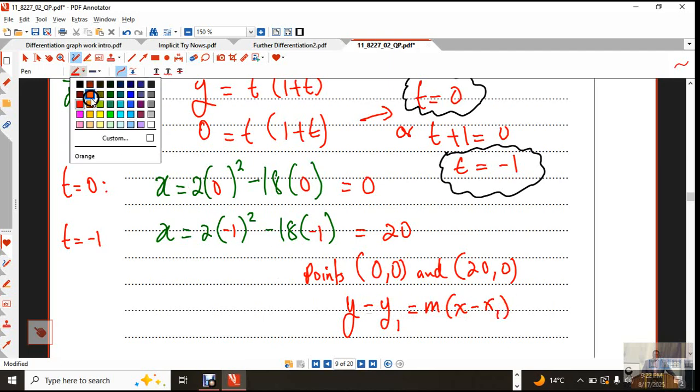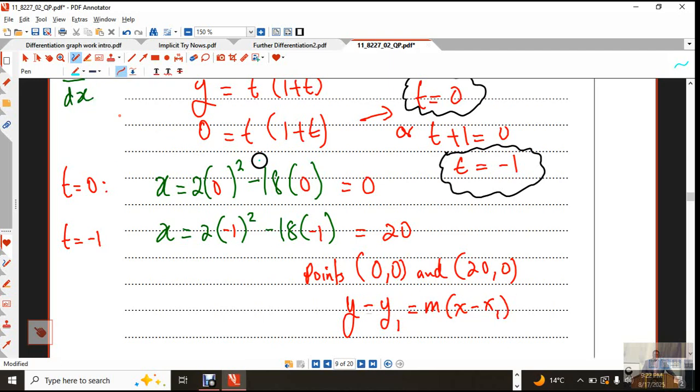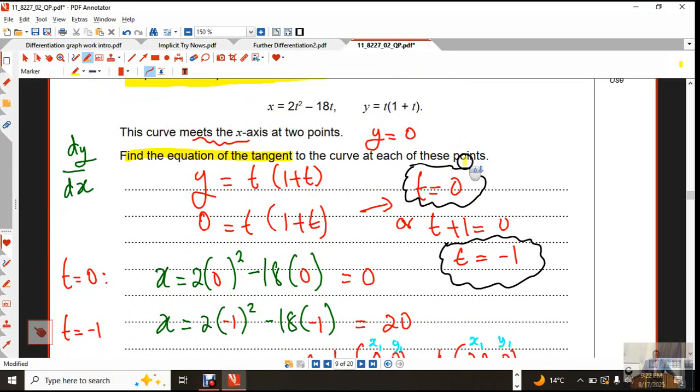We know that this one here is x sub 1 and that is y sub 1. So what's important for us is to find m. Once we have m, we can find the two equations that they are looking for, because it says find the equation of a tangent to the curve at these points. So at these points, plural, it implies we're going to have two equations.